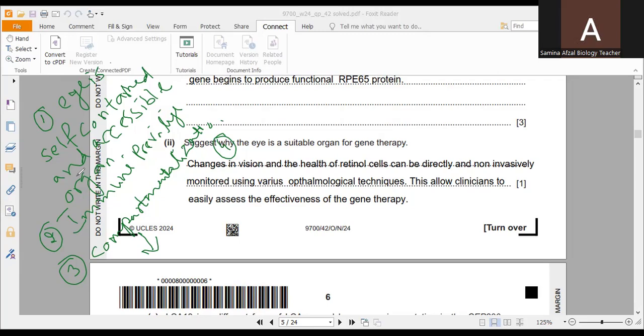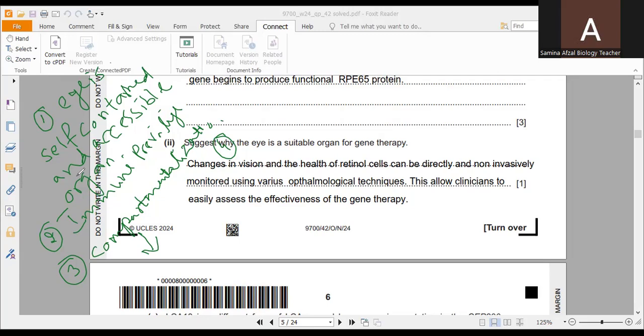These are the different techniques which can easily be applied. They allow clinicians to easily assess the effectiveness of the gene therapy, whether it is successful or not.